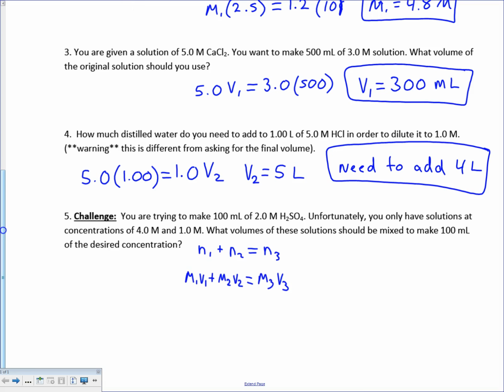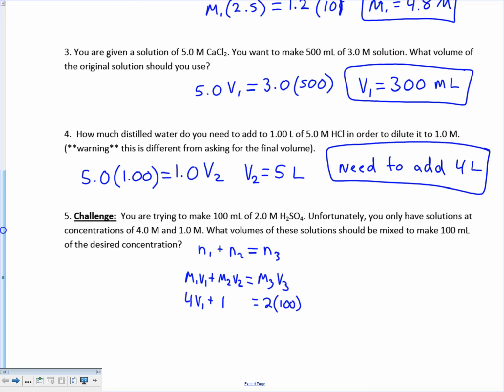So now we just plug things in. For the first one, it's got a molarity of 4. The volume, we don't know what that is, so I'll just call it V1. Plus, the molarity of the second one is 1. I'll come back to the volume there in a second. We know the molarity of the final one that we want is 2, and we know the final volume, I said we wanted to make 100 milliliters total.